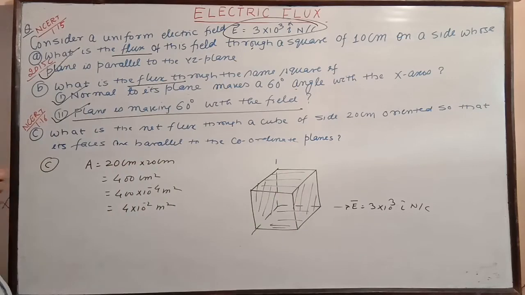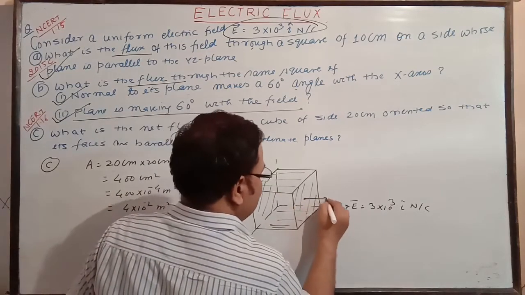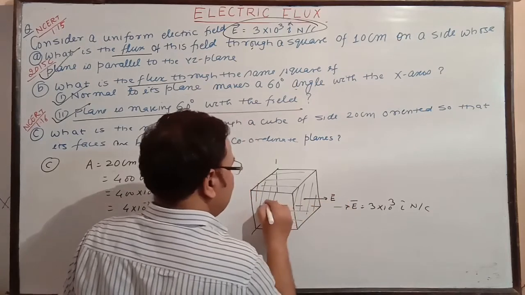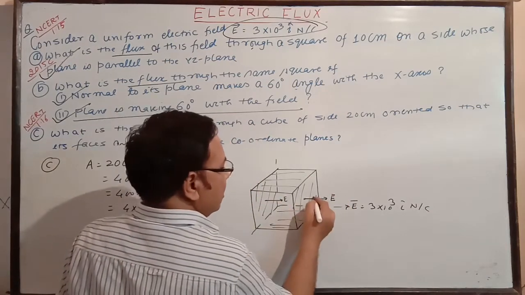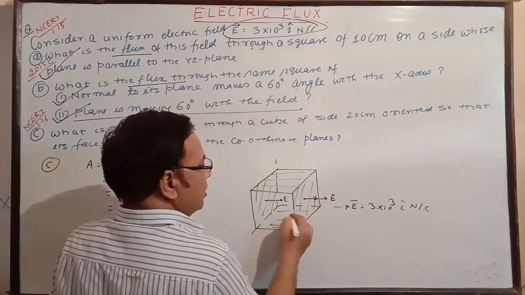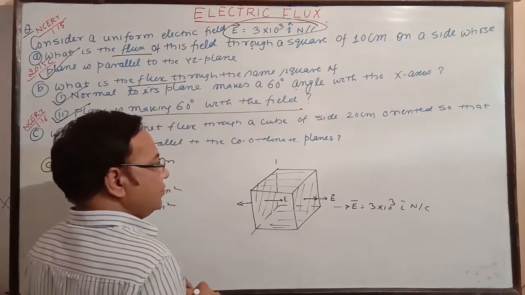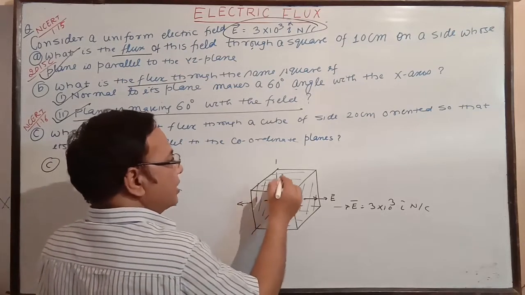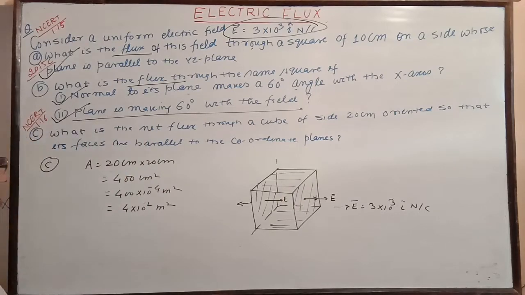So flux through all the sections we are going to see. Electric field on this is rightward. Here also rightward. The area vector on the right plane is rightward, on the left plane it is the outward normal. Area vector for up, area vector for down. So one by one we are going to see here.